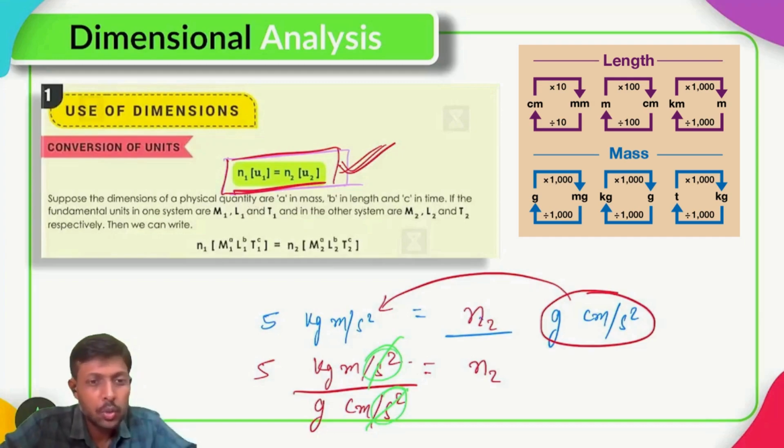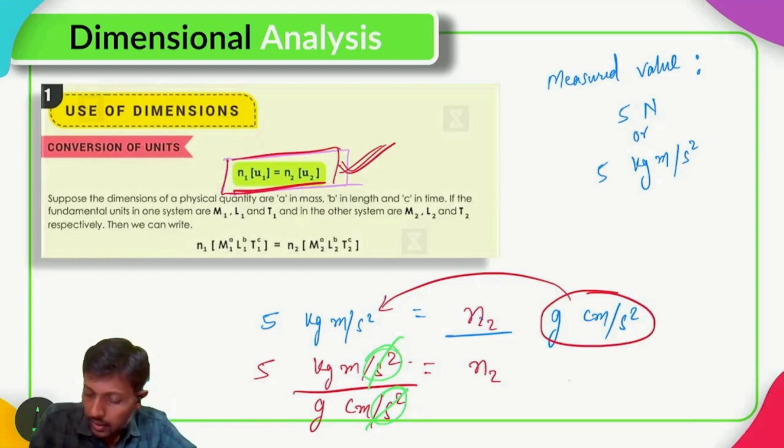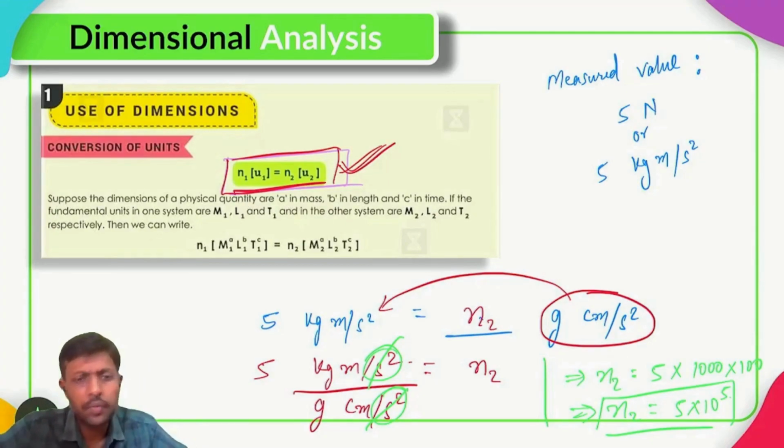Convert kg into grams. 1 kg is 1000 grams and 1 meter is 100 centimeters. So we get N2 as 5 into 1000 into 100. These many dynes. So we got the value of N2 as 5 into 10 to the power 5. You substitute that value here, we have our answer.